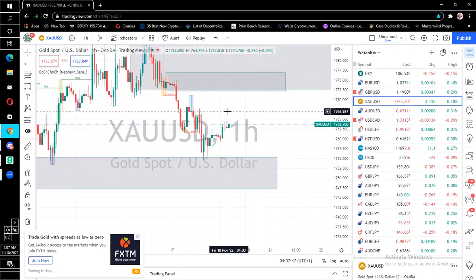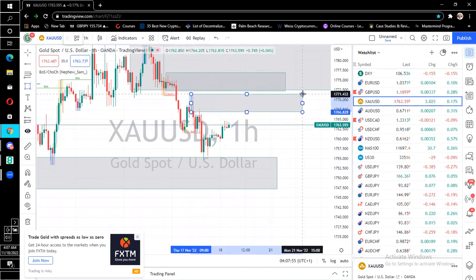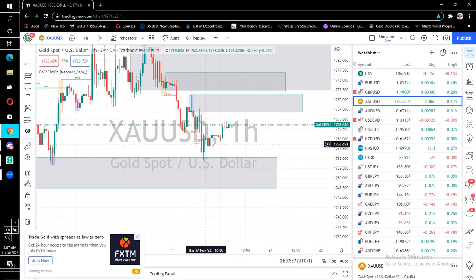And then we have seen this has broken structure, so we'll have this block here. So it broke a structure here. So we'll be expecting to see this happen.